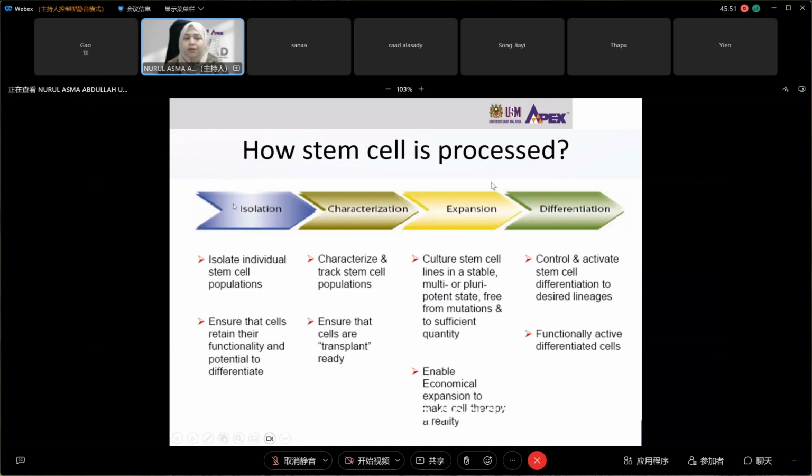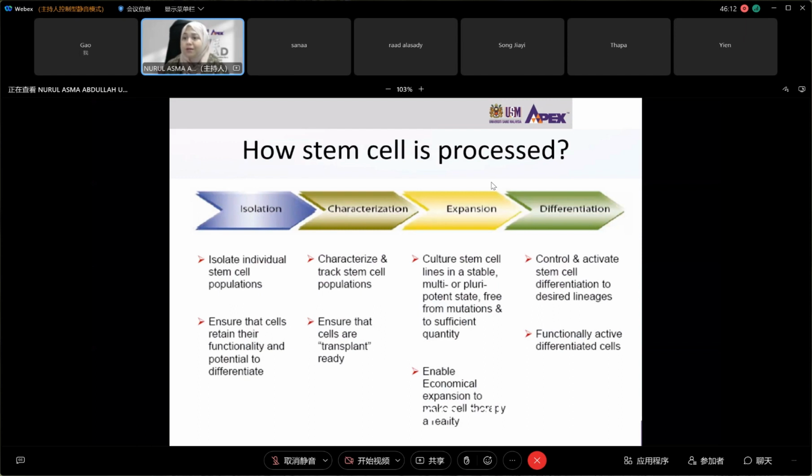When we decide the location for the isolation, you have to make sure that the cells retain their functionality and potential to differentiate.